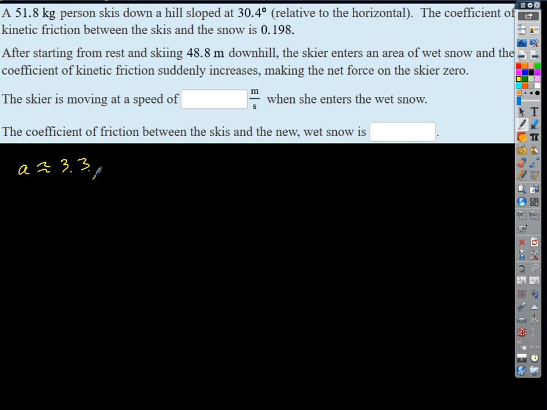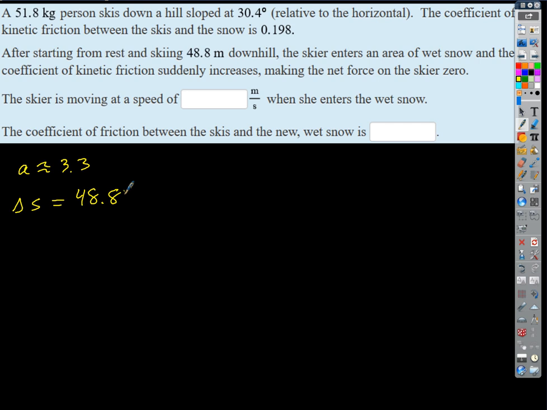What else do we know? Because we want to know how fast the skier is moving at the end of the acceleration in the dry snow, right? Displacement is 48.8. So delta, we'll call it just S for position this time. It's not really x or y, is it? So delta S is positive 48.8, right? Because we're saying positive is down the hill.